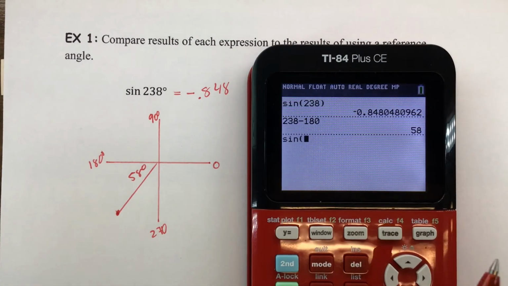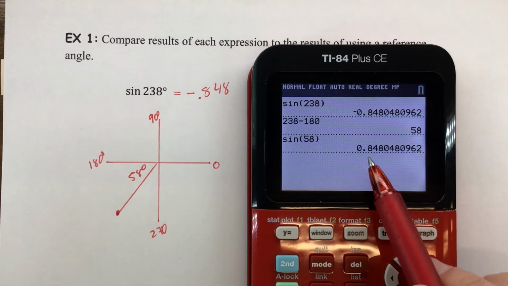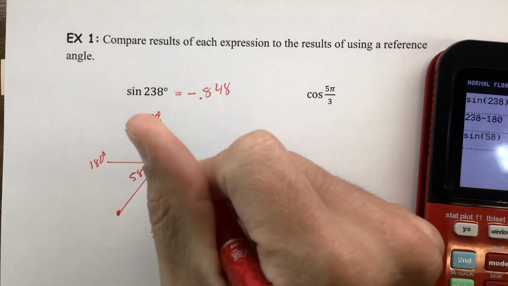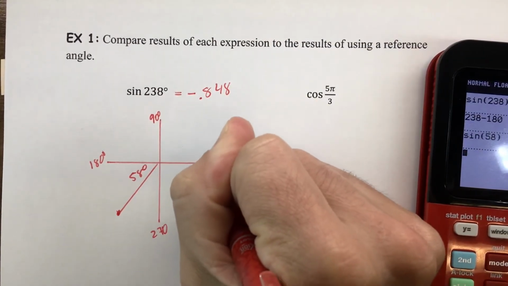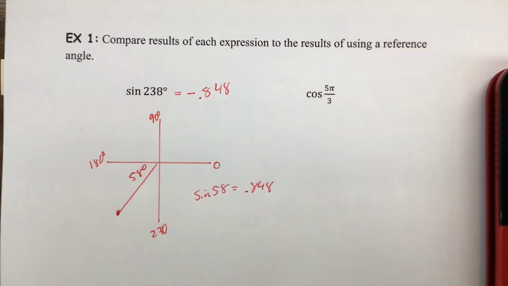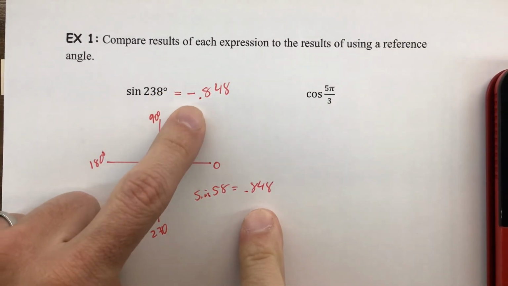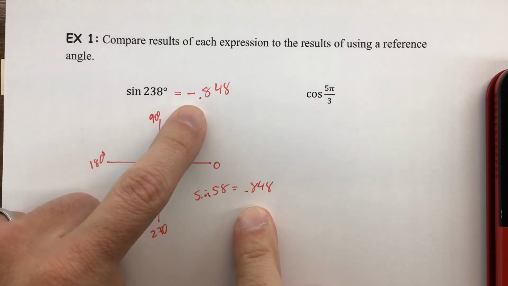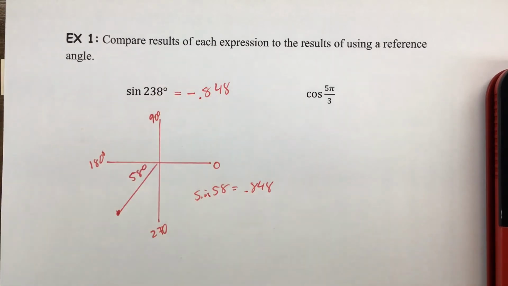If I take the sine of 58, that'd be the sine of the reference angle, I get that number. The sine of 58 is equal to 0.848. So pretty much the same thing, except that that is negative. The real answer is actually going to be a negative answer.